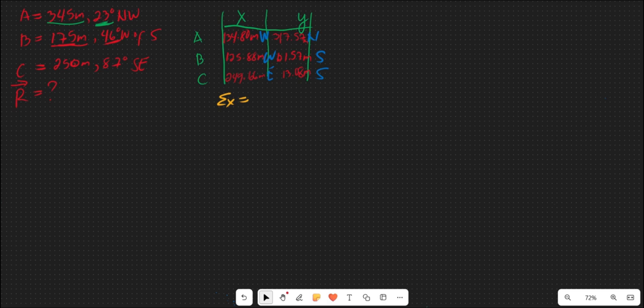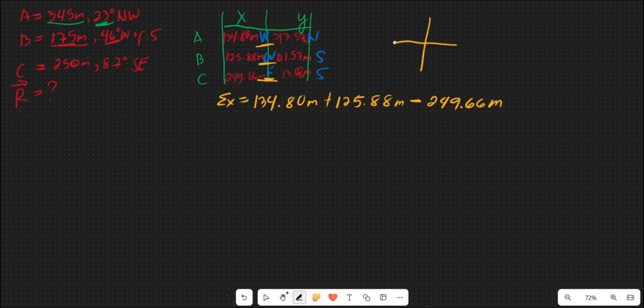For the x component, we have 134.80 meters plus 125.88 meters minus 249.66 meters. We are subtracting the 249.66 meters since it is going in the opposite direction than the other two x component vectors.